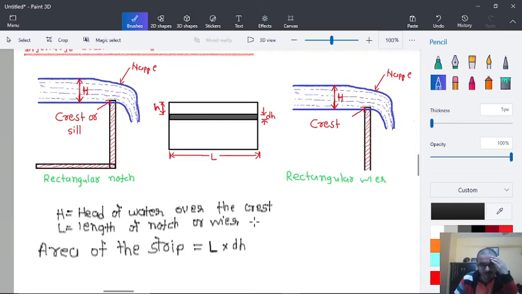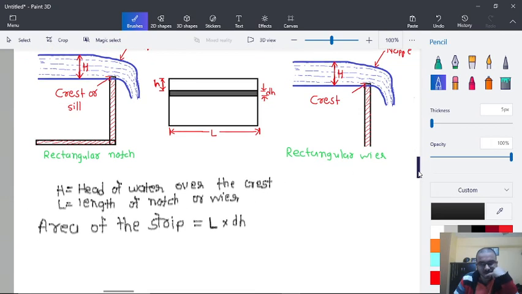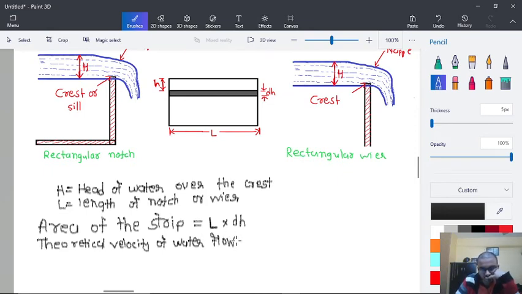Now the next is the theoretical velocity of water flowing through strip, which is equal to square root of 2gh.